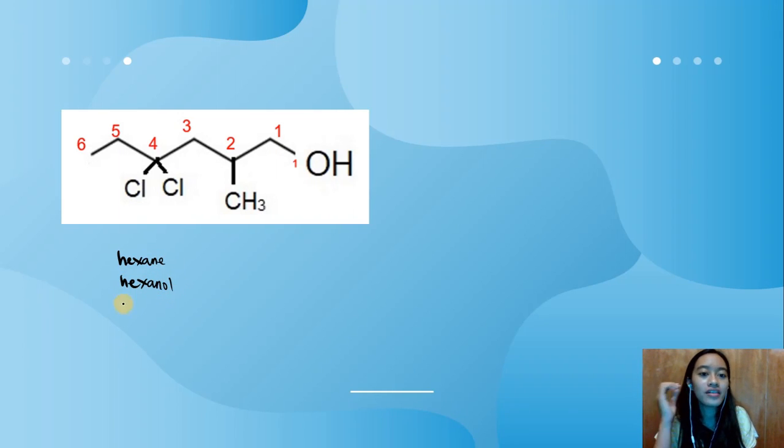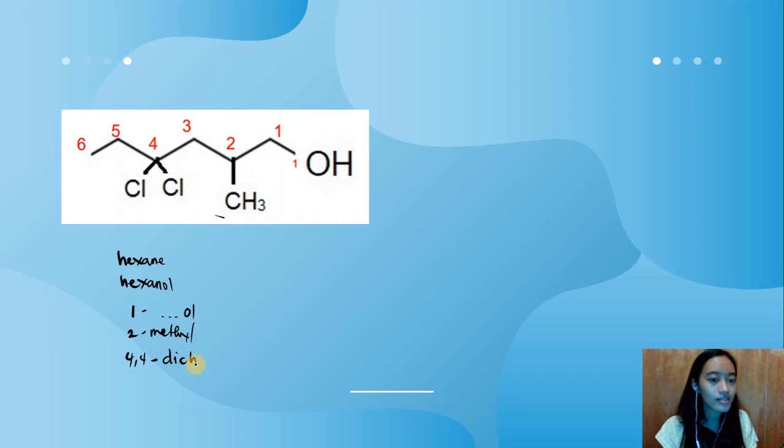And then what are your branches? First, let's have the OH. It's at 1. And then what's this? Methyl is at 2. And this time at 4, we have a dichloro. 2 chloros. Is it right? Yeah. Dichloro.